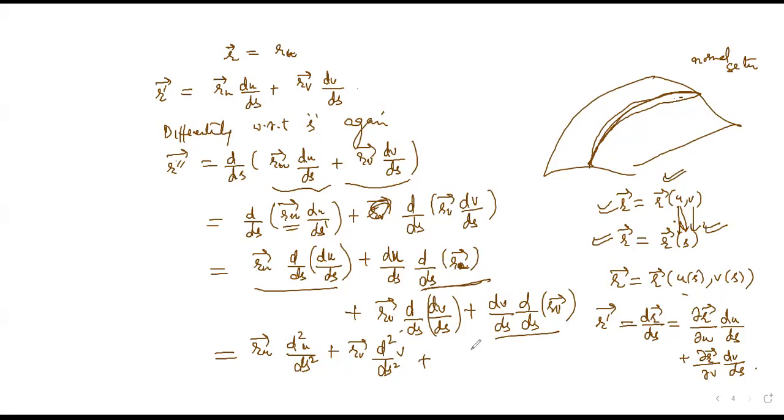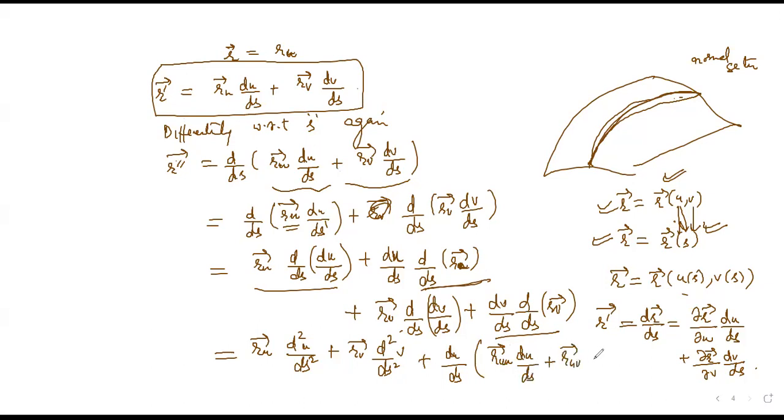सो चेन रूल का मतलब du by ds ऐसे ही रहेगा. इसको डिफरेंशिएट करेंगे, मतलब चेन रूल वही है जो यहाँ पर है. अब सिंपली हमें ये लेना है, r की जगह r_u है, so it should be r sub uu du by ds plus r sub uv into dv by ds. आई होप ये तुमने इस तरह किया हुआ कई बार. इसी तरह से ये दूसरा वाला जो है वो होगा dv by ds.